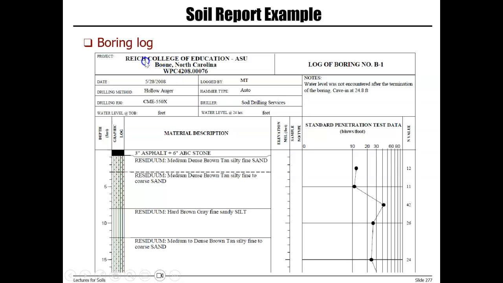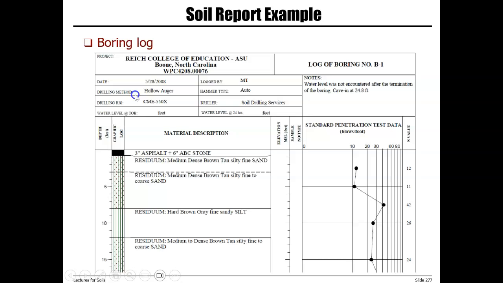The Geotech Lab report is for Reich College of Education on campus. So they selected the locations, a total of 12 boring locations. They have the date of test, type of drilling.